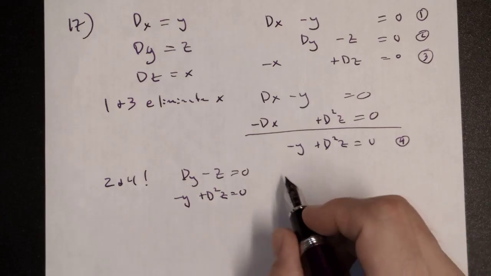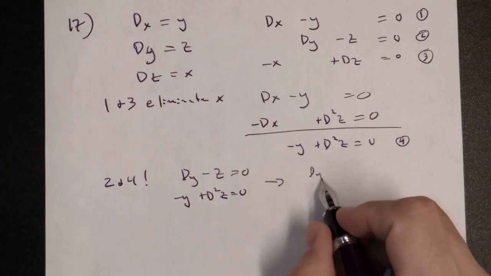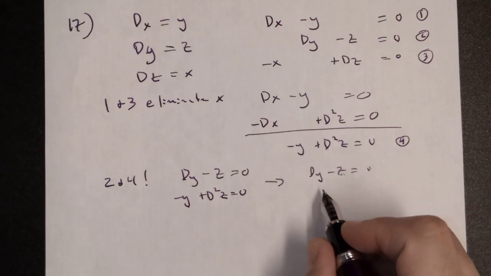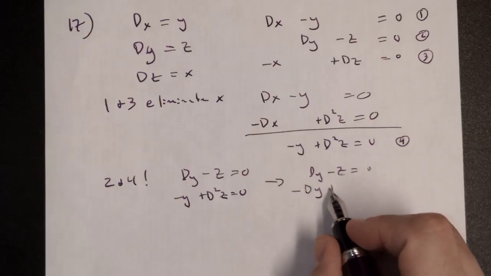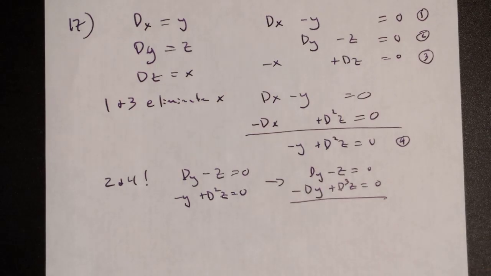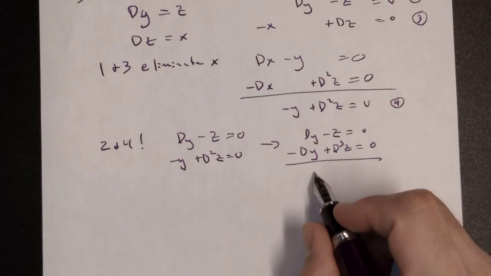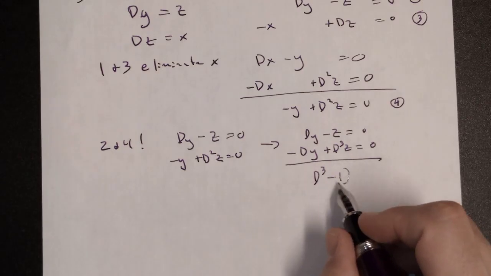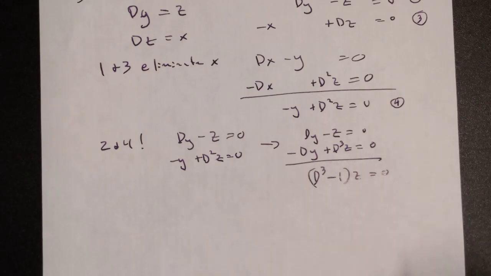Okay, so that'll give me dy minus z equals 0, and then minus dy plus d cubed z equals 0. I eliminate, and I get d cubed minus 1 z equals 0.